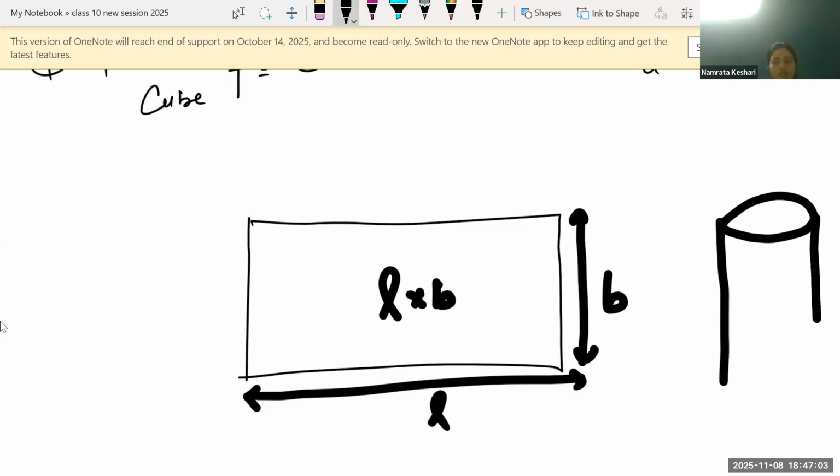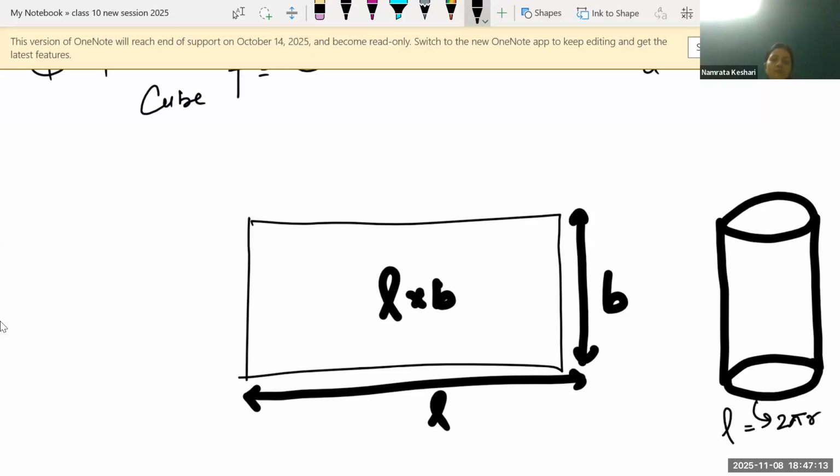You understand, we will just fold it and it will take the shape of a cylinder. Now this L became 2 pi r, yes or no? Because it has taken the shape of this circle. So L and the circumference of the circle is the same thing. And the breadth is now working like the height of this cylinder.